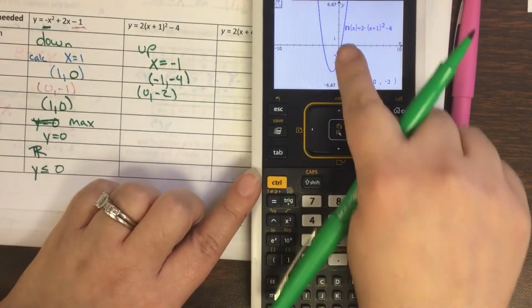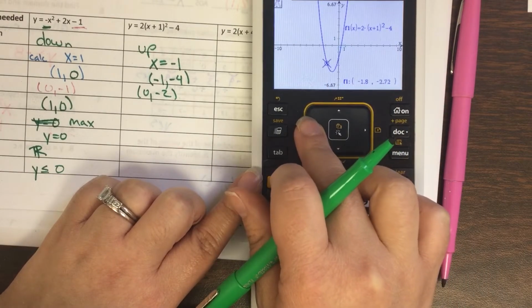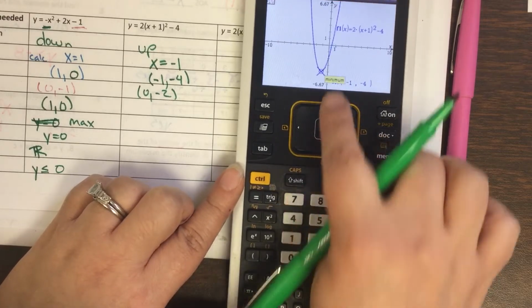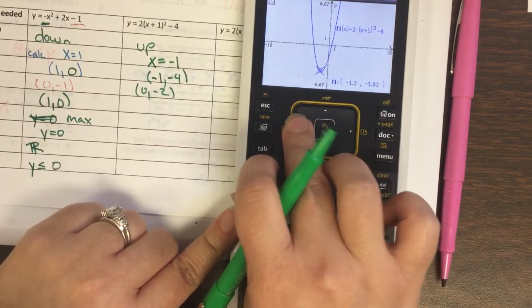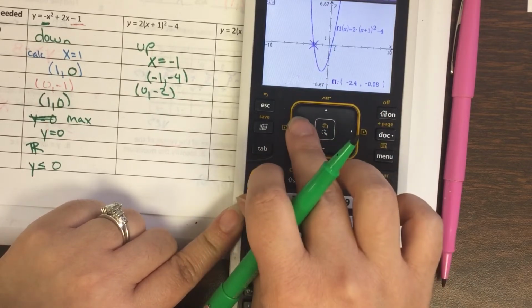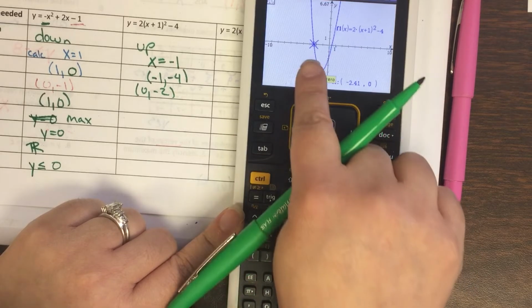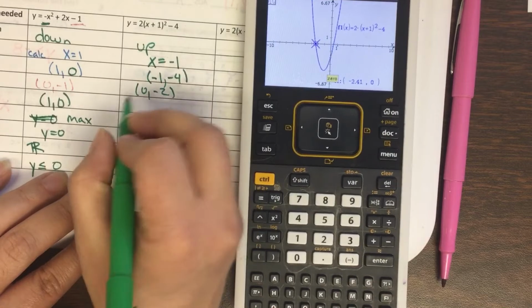My roots, I have a hard time seeing here because they're not whole numbers. Do you guys catch that? When I go over my vertex, it tells me my min and it gives me that -1, -4. When I arrow over, the word 0 pops up and I get that decimal. And decimals are okay.